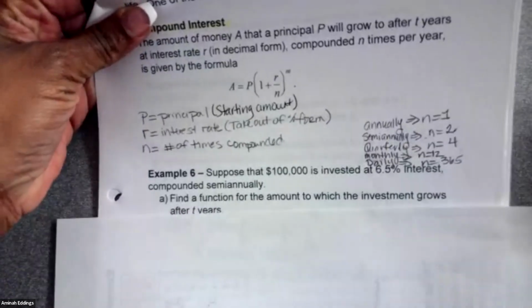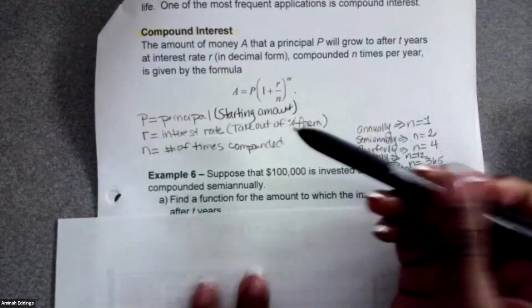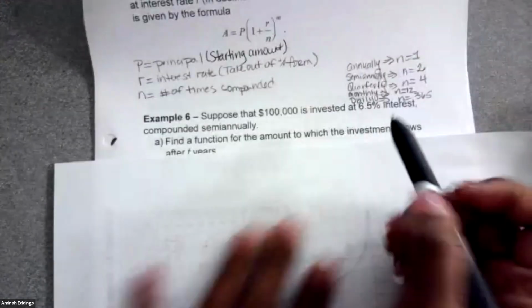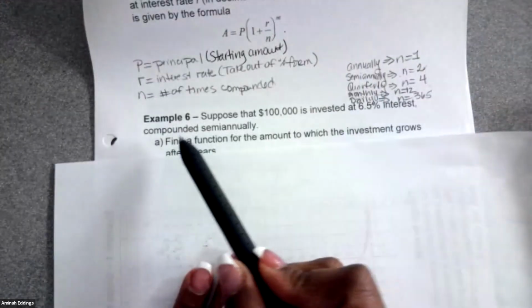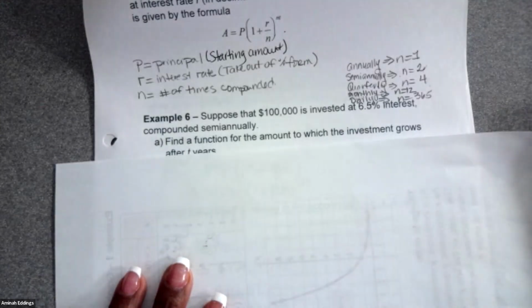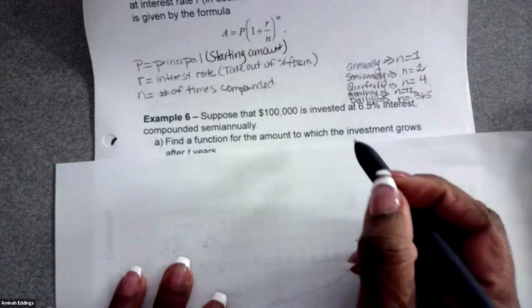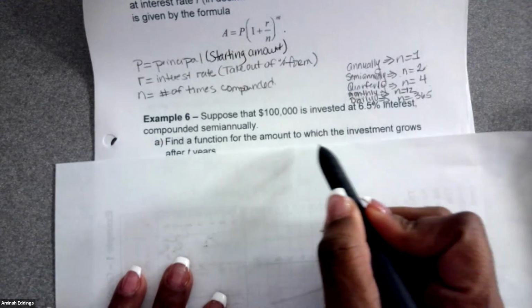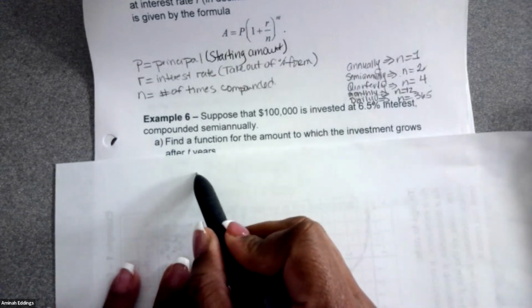All right, so final example for the evening. Says, suppose that $100,000 is invested at 6.5% interest compounded semi-annually. We're going to find the function for the amount to which the investment grows after T years.